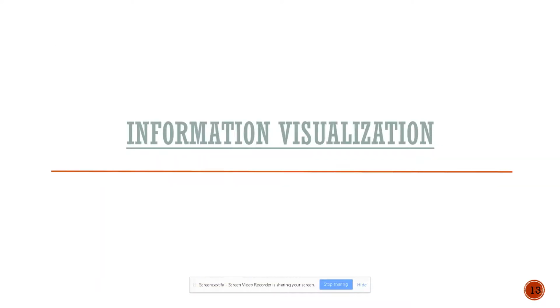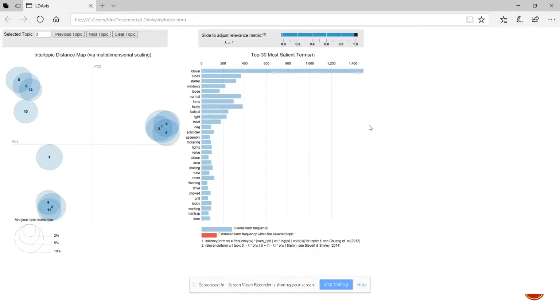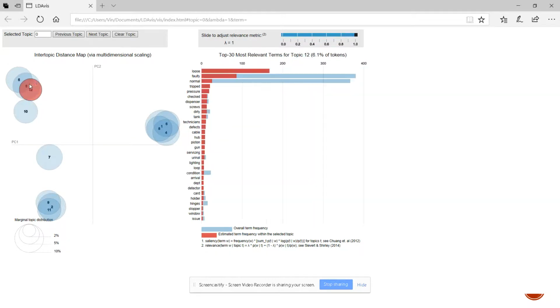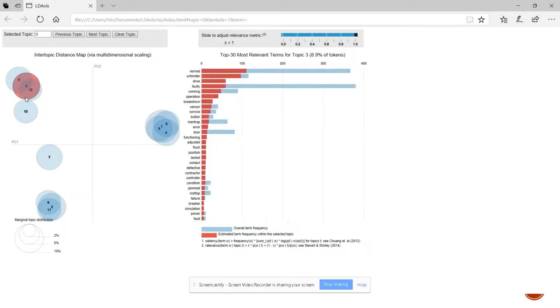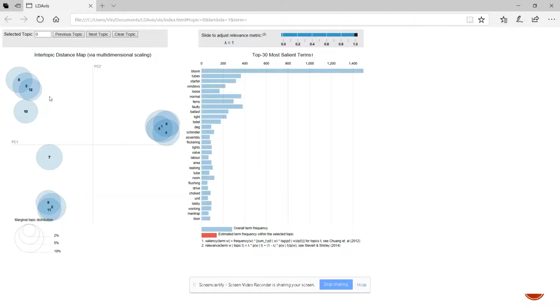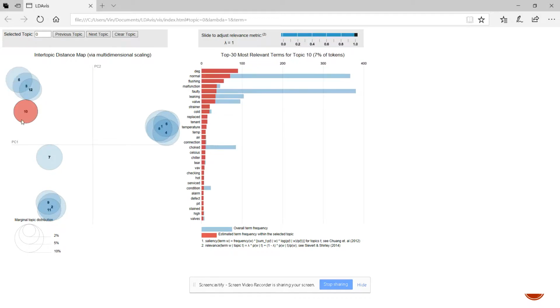Right now, let's move on to the InfoVis, constructed using LDAvis, a library in RStudio, and also D3.js. In this InfoVis, there are two different displays. On the left side, it displays all the topics identified by LDA. And the distance between the circles indicates the dissimilarities, meaning topics that are similar are clustered together.